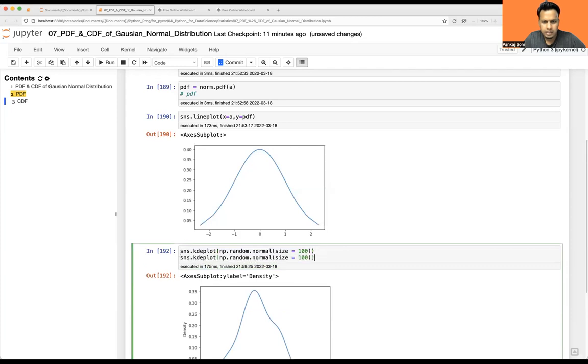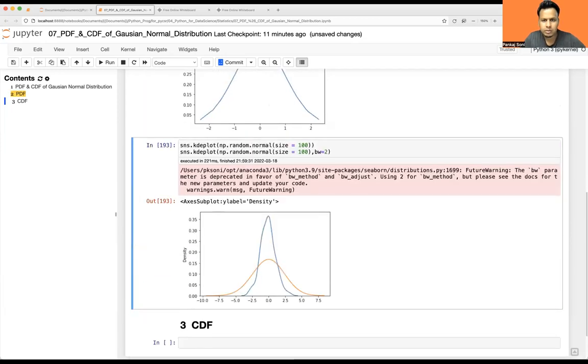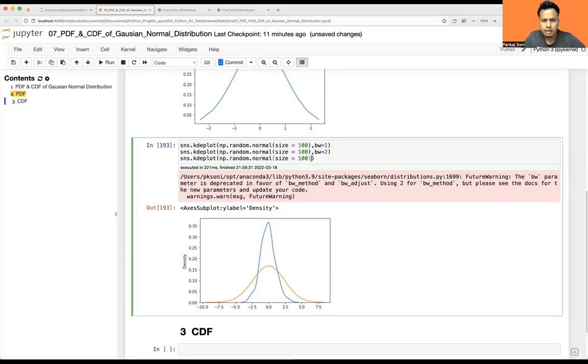Okay, there will be another KDE plot. I'll just mention bandwidth equal to 2. Assume that this is sigma equal to 2. Okay, and here bandwidth equal to 1. Just assume that. And here bandwidth equal to 3.